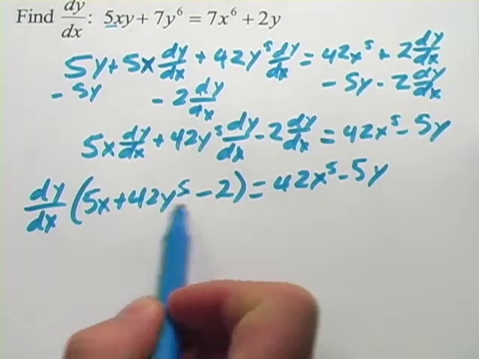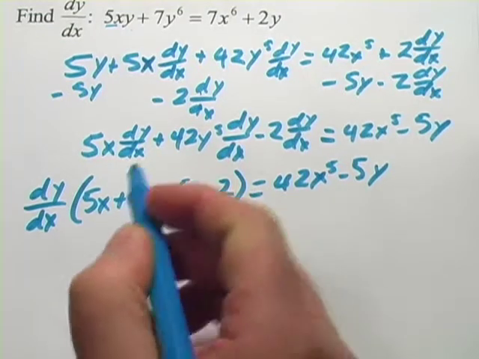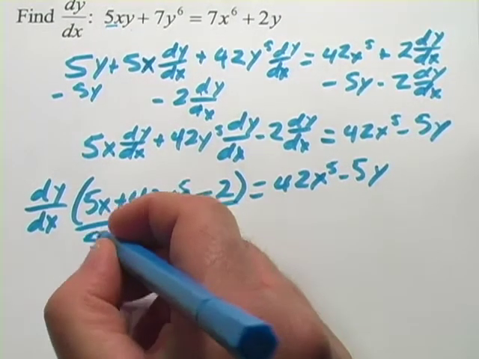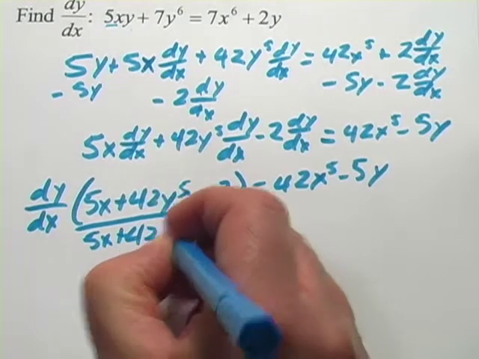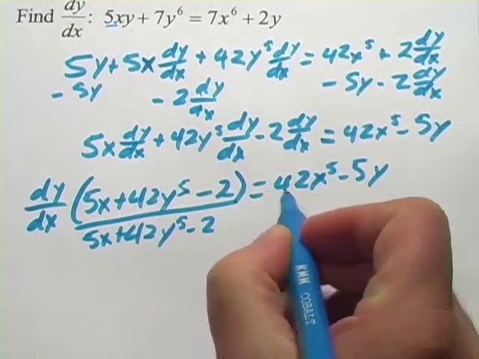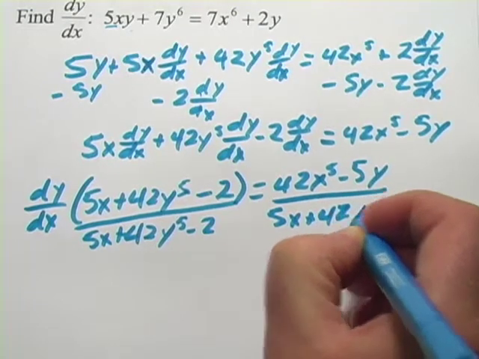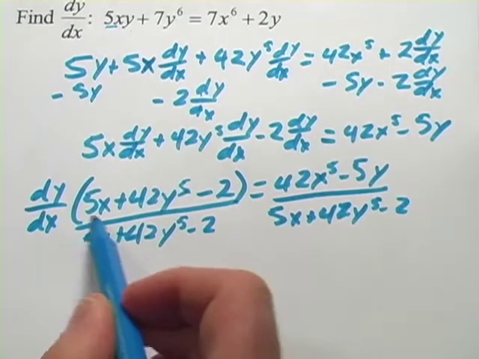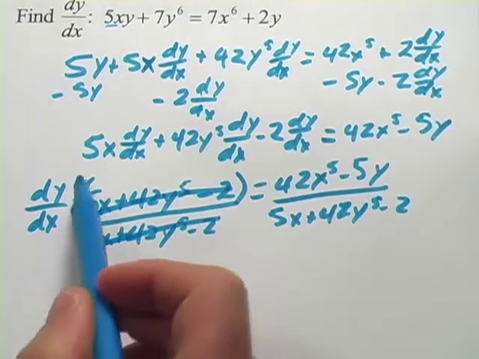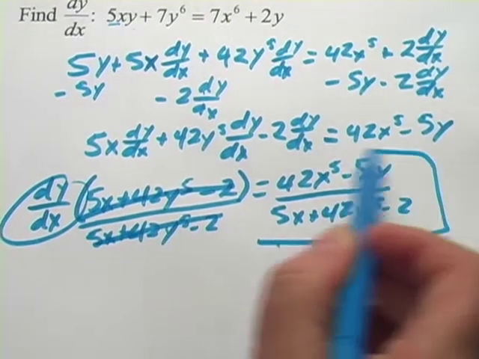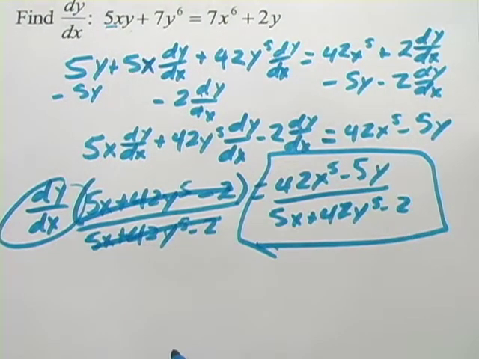I've got to divide both sides by this whole chunk right here. So this side divided by 5x plus 42y to the 5th minus 2, and this side divided by 5x plus 42y to the 5th minus 2. Here they cancel, so dy dx is this. So that's one example of implicit derivation.